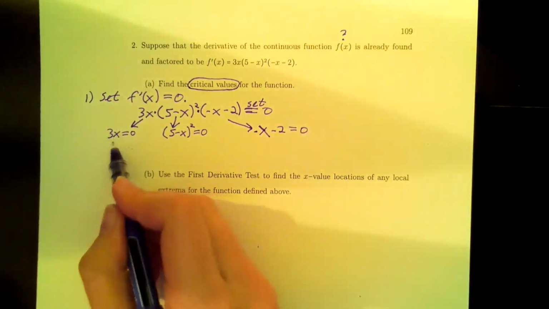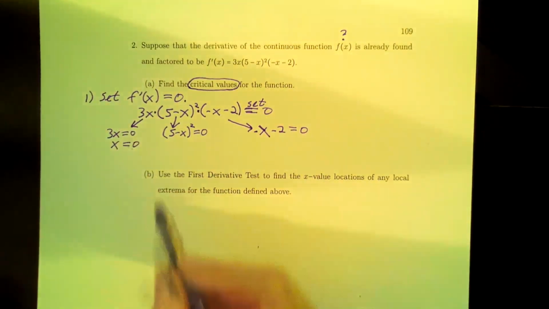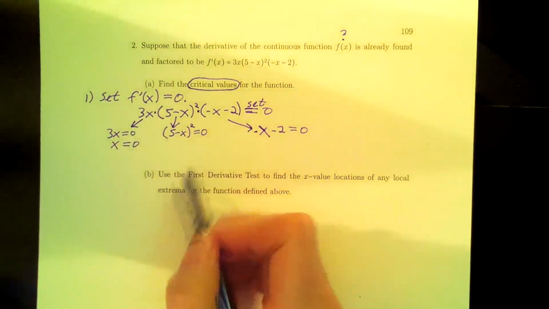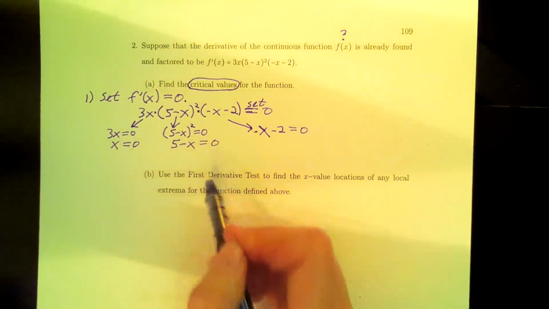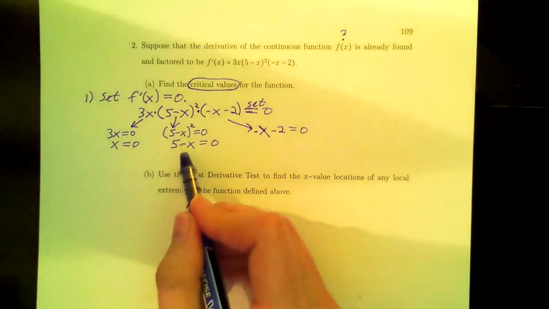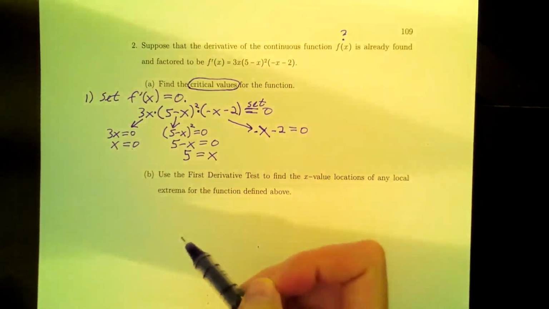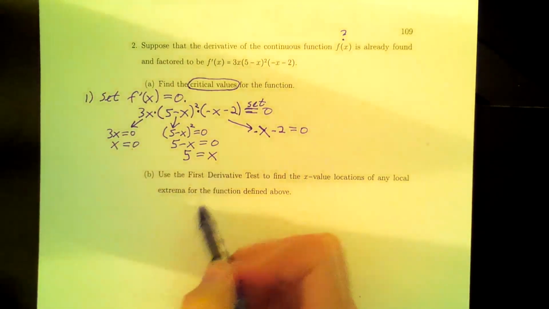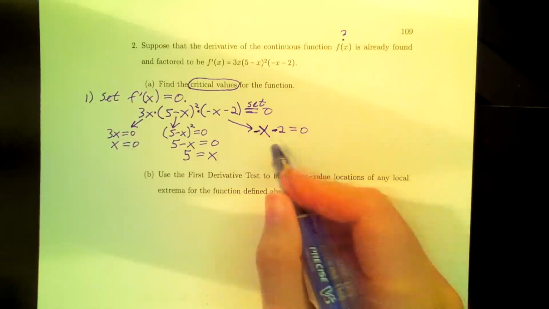If I divide by 3 here, we get x equals 0. That's one critical number. From this one, if you square root both sides to get rid of the square on 5 minus x, the square root of 0 is still 0 over there. If you add the x to the other side, you get x equals 5, another critical number. So I've got 2 critical numbers, and then as soon as you solve this one equal to 0, you'll have 3.